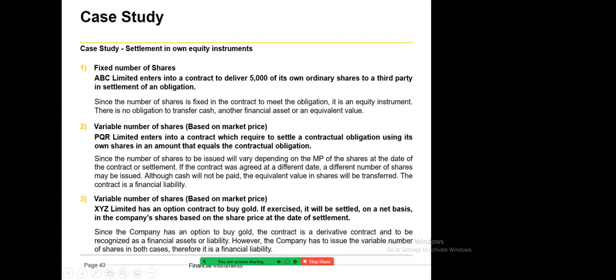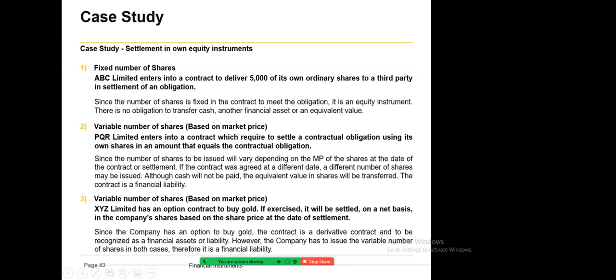If you exercise it, it will be settled on a net basis in the company's shares based on the share price existing at the date of settlement. So here also we have variability in the number of shares that we will be getting. So over here also this instrument will be classified as a financial liability.